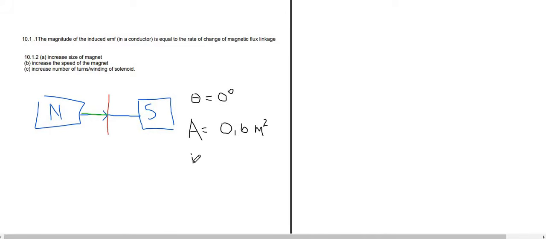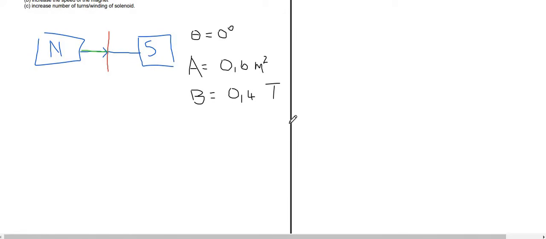Another thing that they gave us is the strength of the magnetic field. They said the strength of the magnetic field is 0.4, and that is in Teslas. 0.4 Teslas, just write T. So the magnetic field is something that you need to know is measured in Teslas, right?